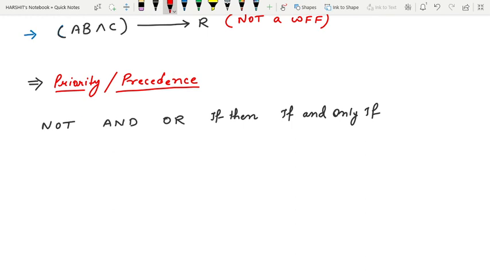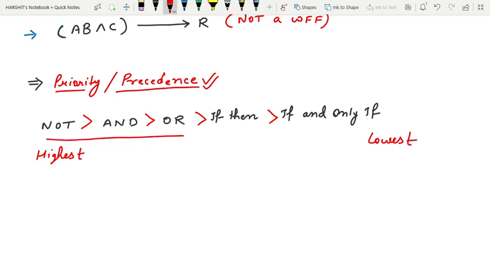And the order is like this: highest to lowest. So first of all we will solve the not logical connective, then and, then or, then if then, and then if and only if. You cannot solve or before and, or and before not. So we need to follow the priority of logical connectives while solving any expression. So this is very important, students. Keep in mind that this is the precedence.